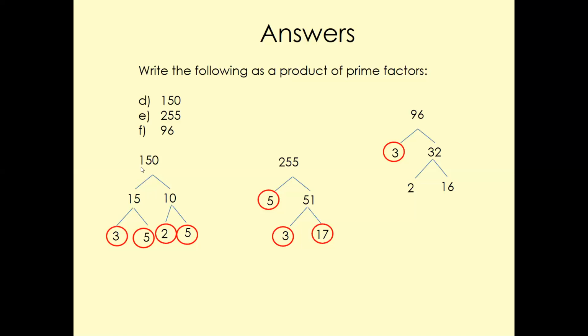Try dividing 150 by 2 and on and on. But either way, you'll get the same answer. So that is how you draw the prime factor decomposition tree, or just a prime factor tree.